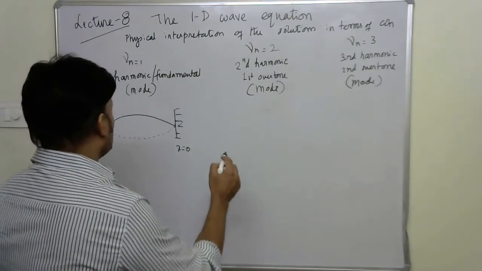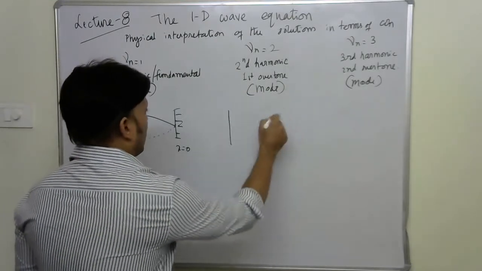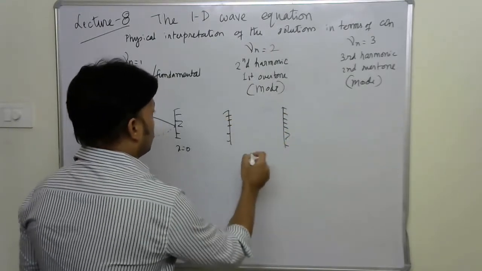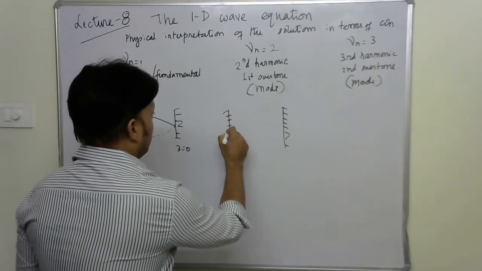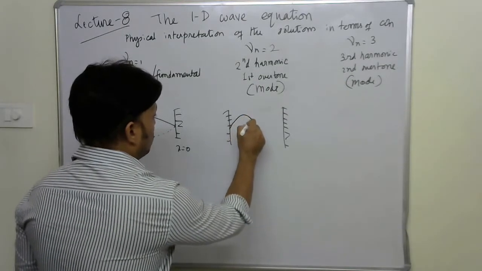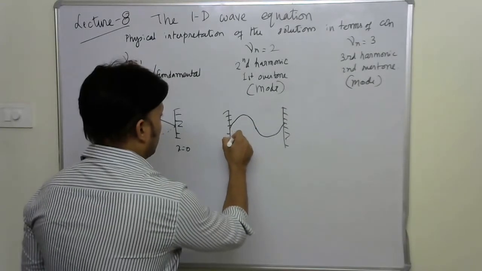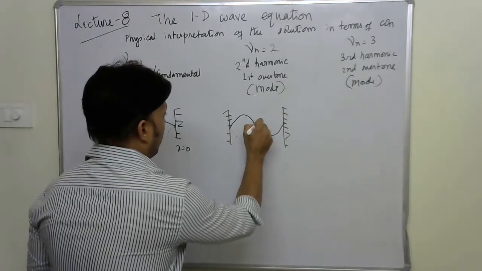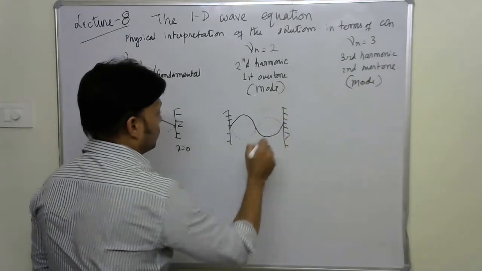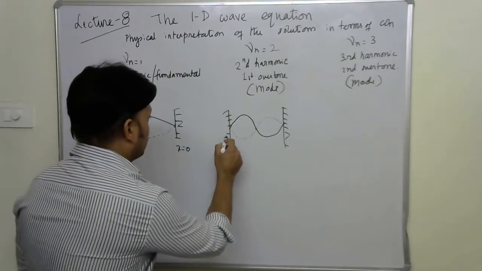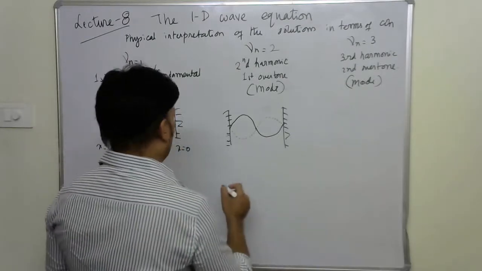Now what happens at the first overtone mode? The string undergoes a node here. A node means a point where the displacement is 0, that is u(x,t) is 0 all the time.